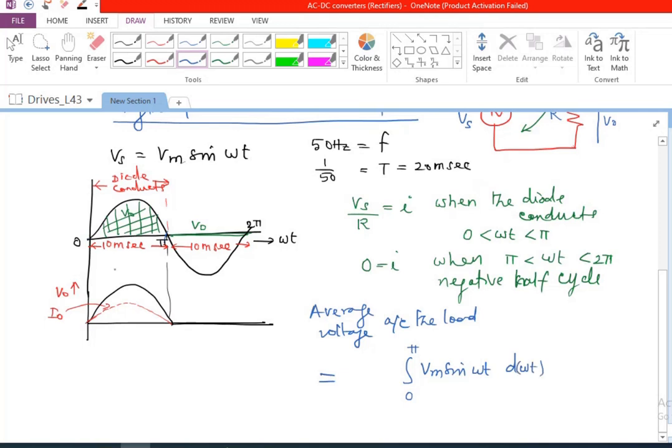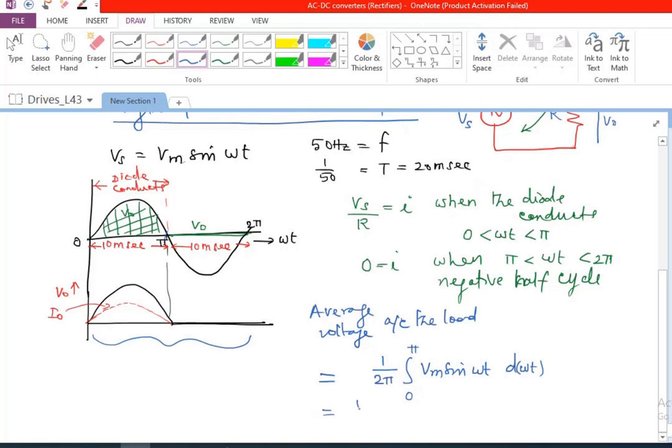But it has to be averaged over the entire cycle, because it's conducting only for half a cycle. The next half cycle, it is not conducting. So it has to be averaged over 2 pi. That is the average value of voltage across the load.